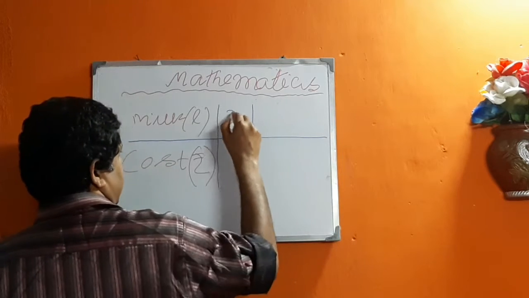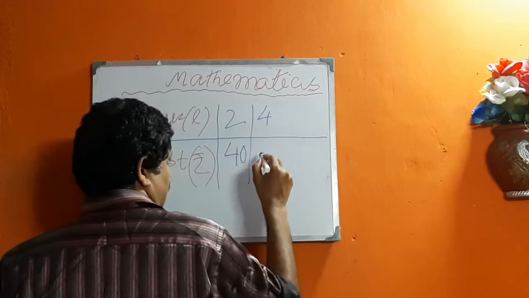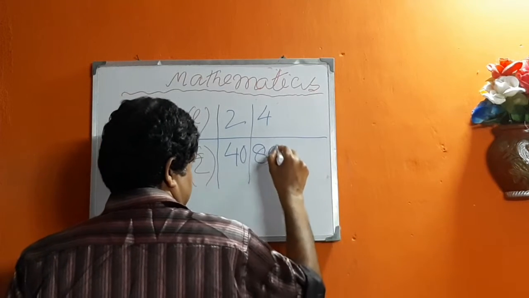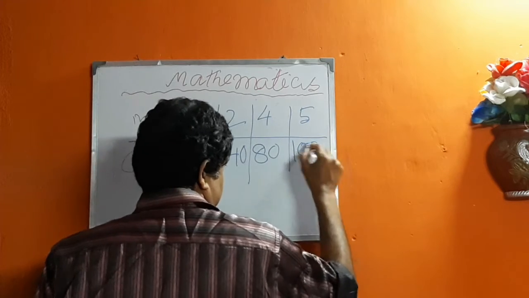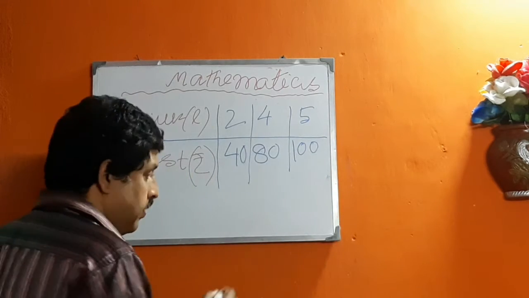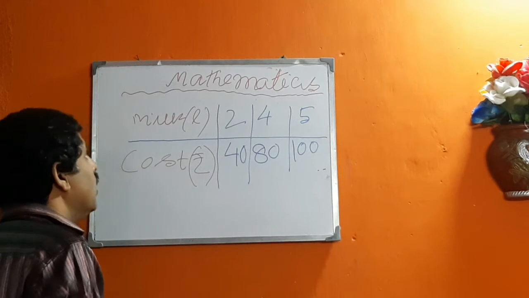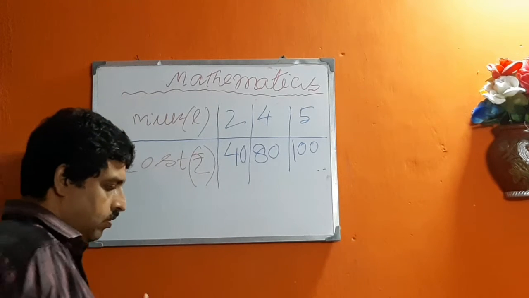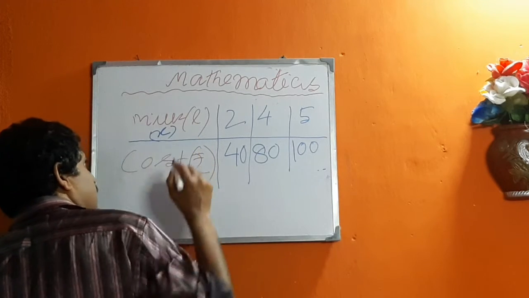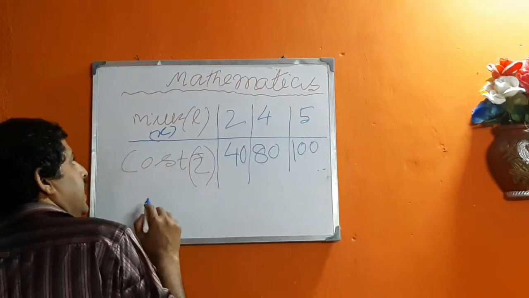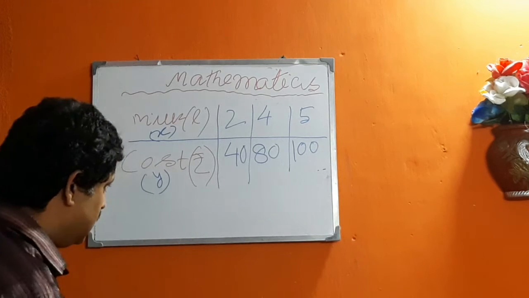Suppose 2 liters cost rupees 40, 4 liters cost rupees 80, 5 liters cost rupees 100, and so on. So consider this x, this quantity, as the volume of milk in liters, x, and this is y.